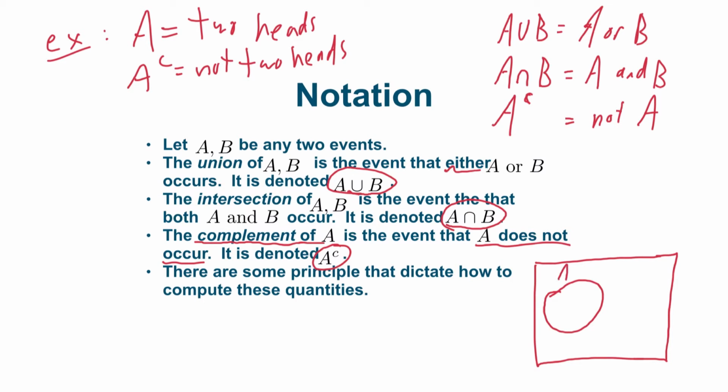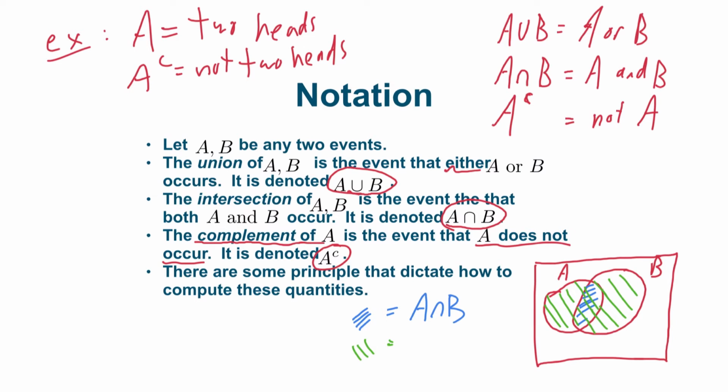Let's say I have the event A and the event B. Their overlap is the intersection, A intersect B. The part that includes either of them, this green part that I'm shading now, is A or B. So the U says I'm going to increase my event space.